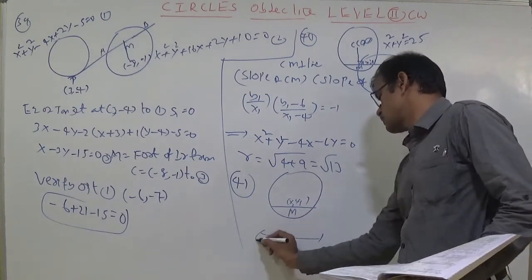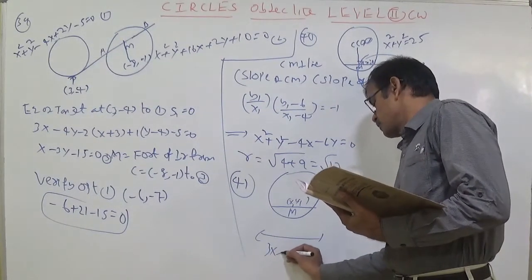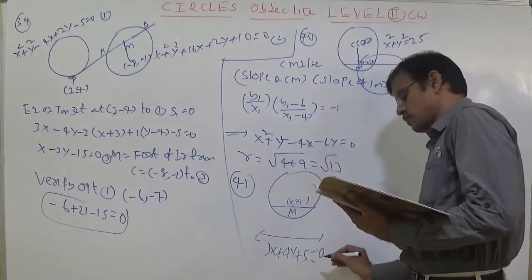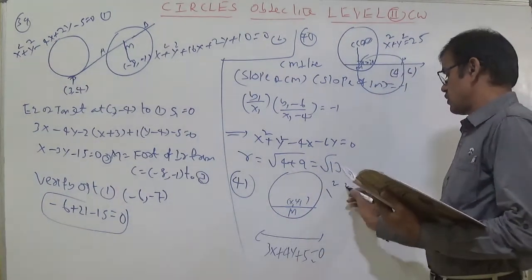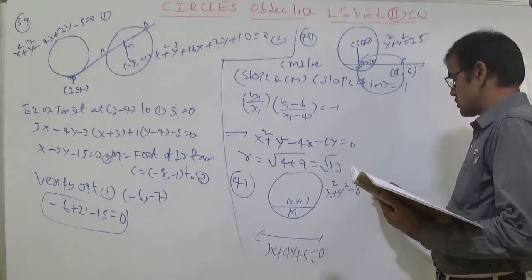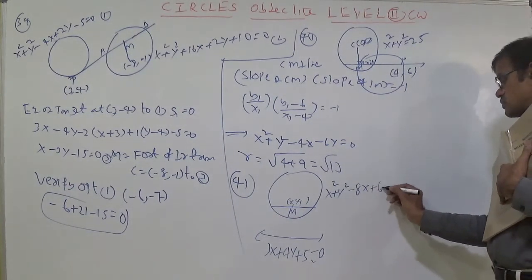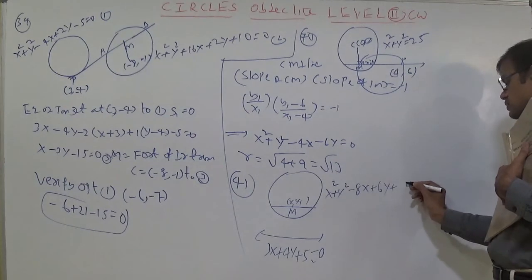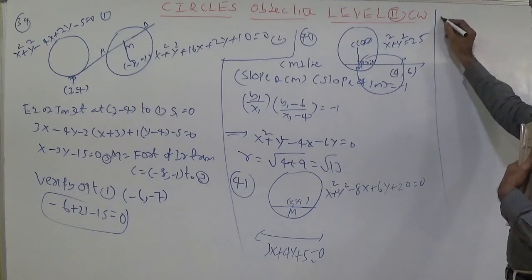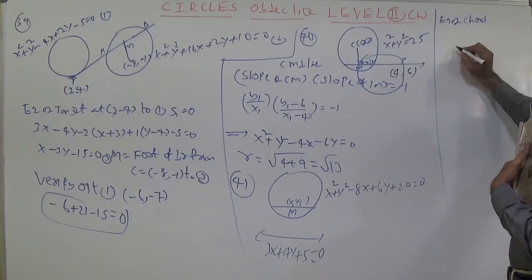He is telling us that this line is parallel to 3x + 4y + 5 = 0, for the circle x² + y² - 8x + 6y + 20 = 0. The equation of a chord having a given midpoint, remember the formula. Only one sum we have discussed in IPE.